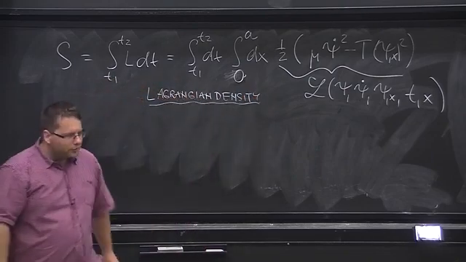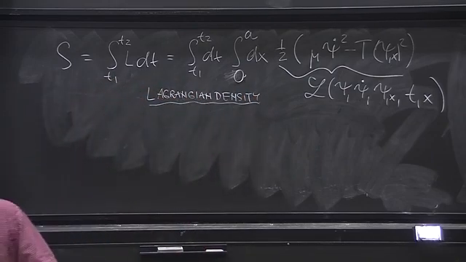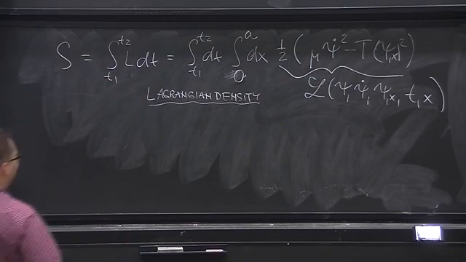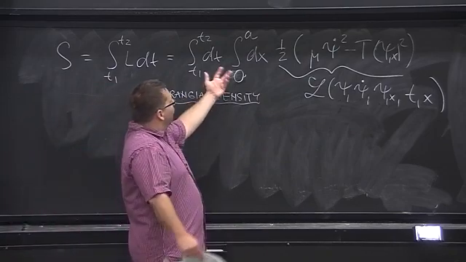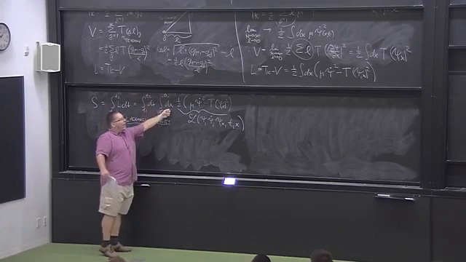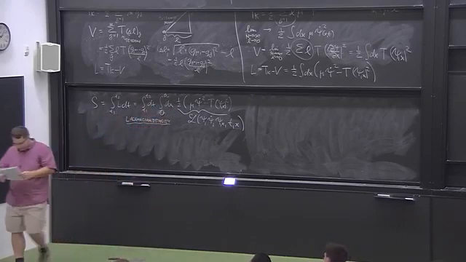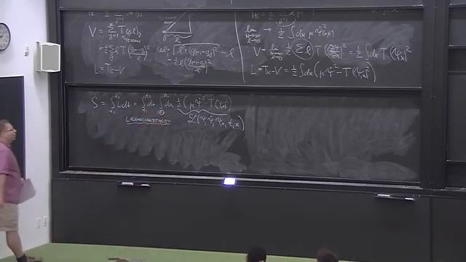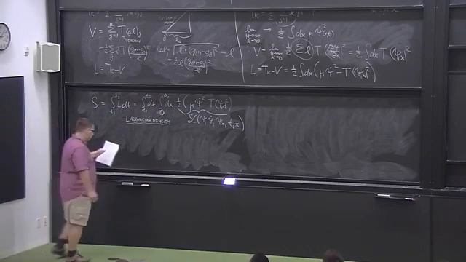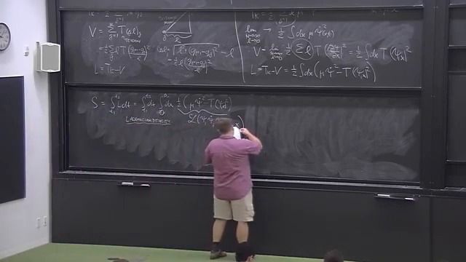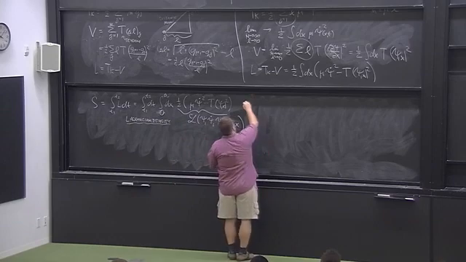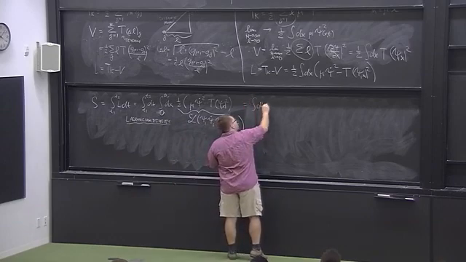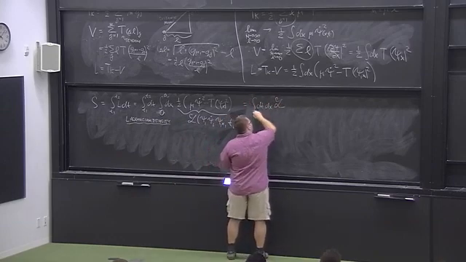So whenever you have fields, you simply replace the Lagrangian with the Lagrangian density, and you integrate not over t only, but over t and space. Well, very good. So we just write this as an integral dt dx of L.